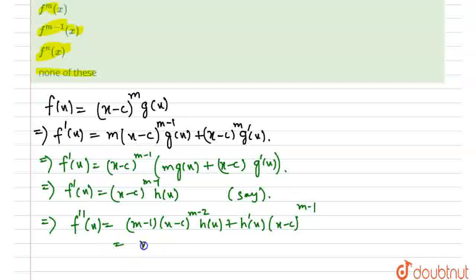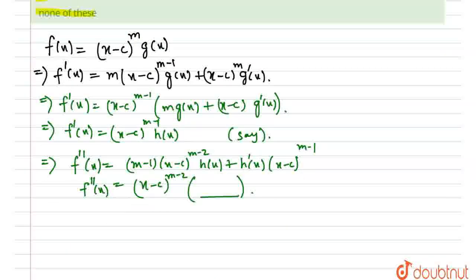From here (x - c)^(m-2) is taken out as common, and the leftover thing is again a polynomial, in f''(x). So from here we can say, just continuing this pattern, the double derivative has (x - c)^(m-2).